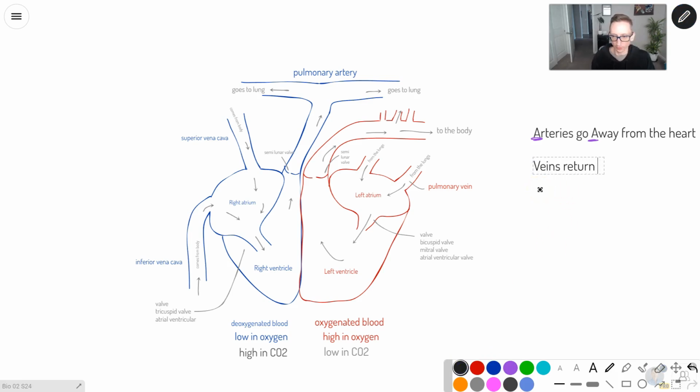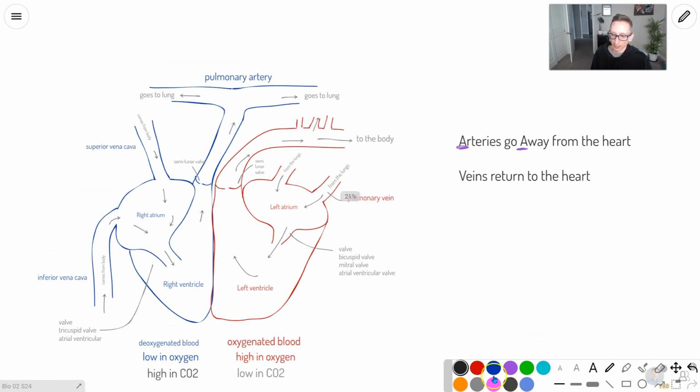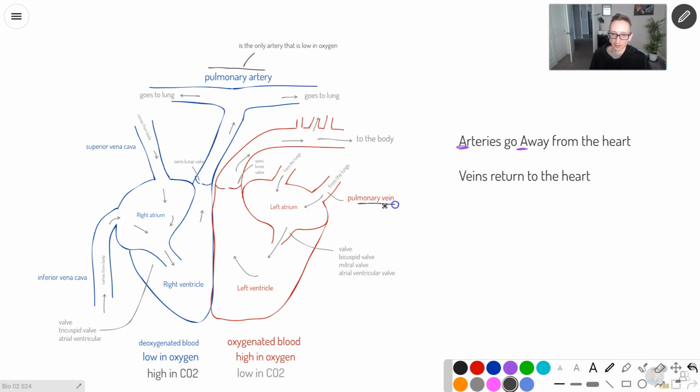Veins return to the heart. They return blood to the heart. Okay. This right here, this pulmonary artery, is the only artery that is low in oxygen because it's going to the lungs. Okay. And these veins, these pulmonary veins, are the only veins high in oxygen.